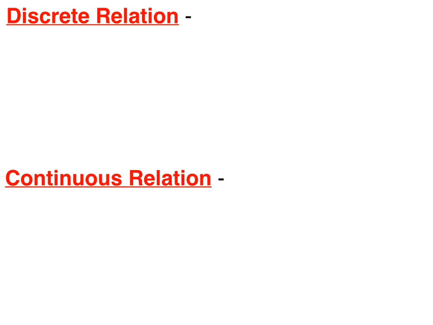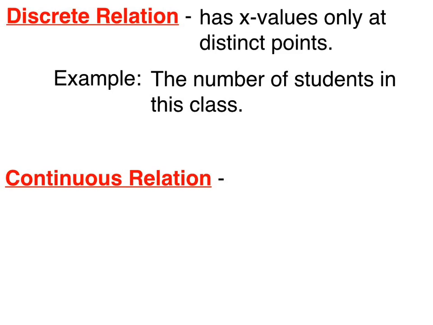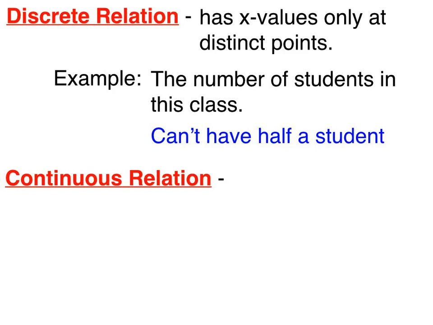And so that brings up two new definitions. These will not be on the quiz tomorrow. And that is that of a discrete relation. Something is discrete, basically, if it doesn't make any sense to connect the dots together. Another example would be if I were plotting the number of students in this class. It doesn't make any sense to plot half of a student, so that would be an example of a discrete situation.